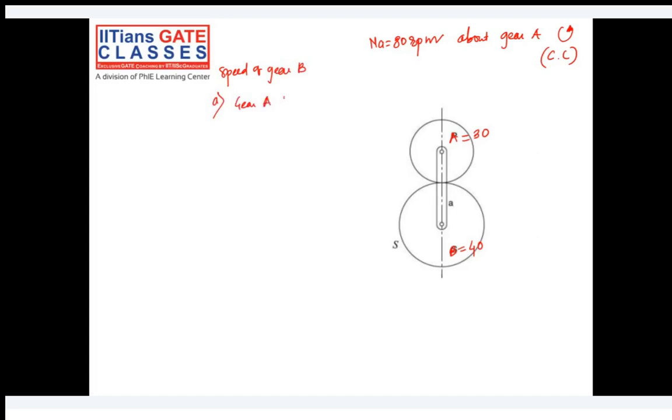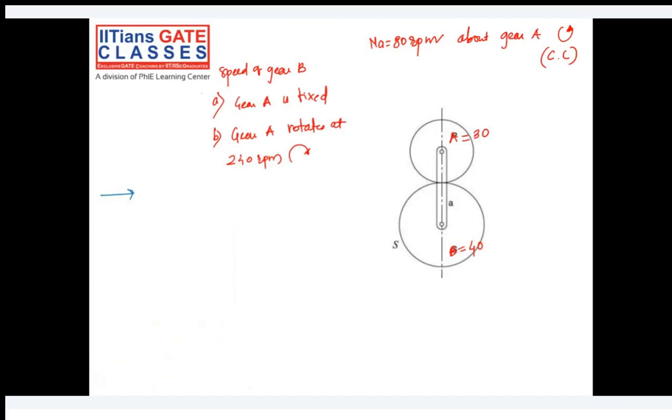And the second, gear A rotates at 240 rpm in clockwise direction. So these are the special cases. Try to understand the question. We have two gears.